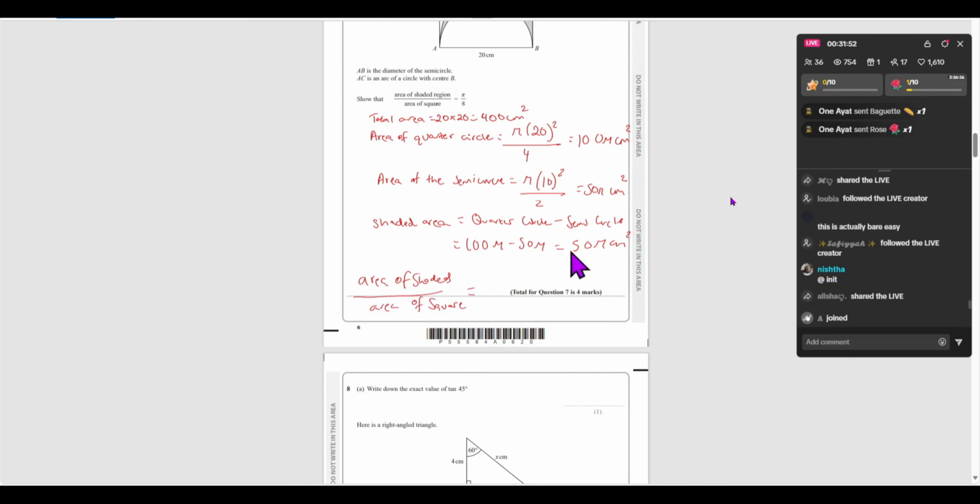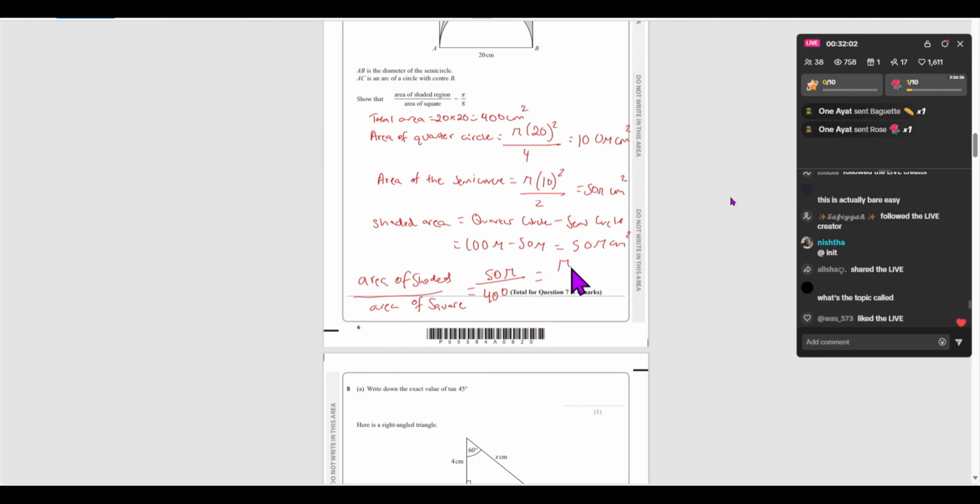The area of the shaded region is 50 pi, and the area of the square is 400. When you simplify, you will get pi over 8. Let's see, is it correct? Is it showing it? Yes, it is. As you can see, we got pi over 8.